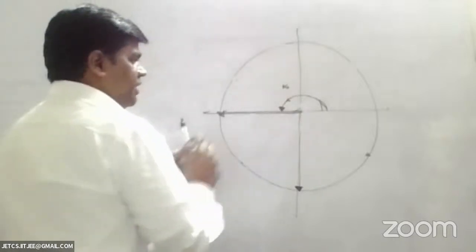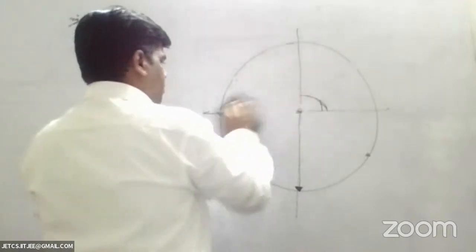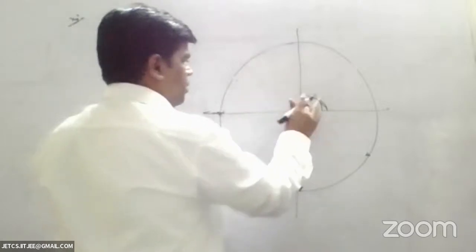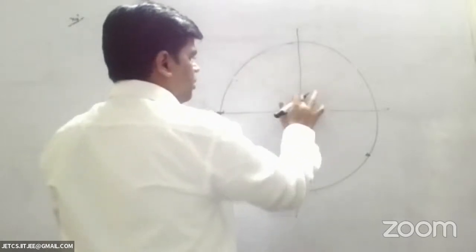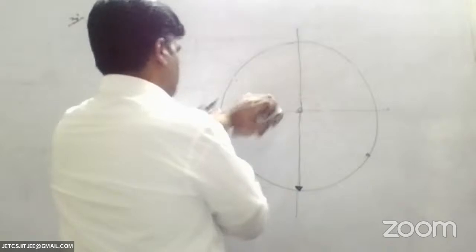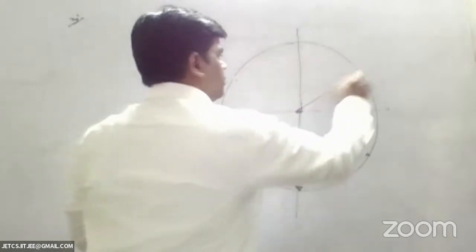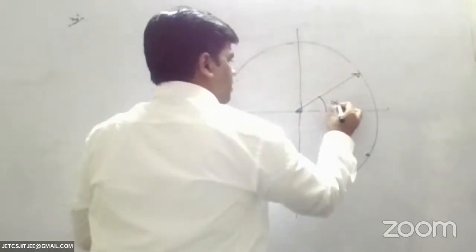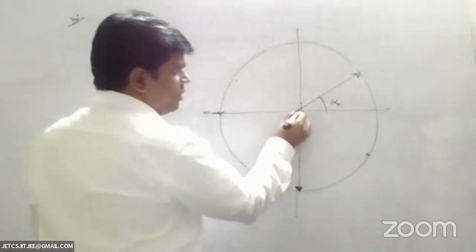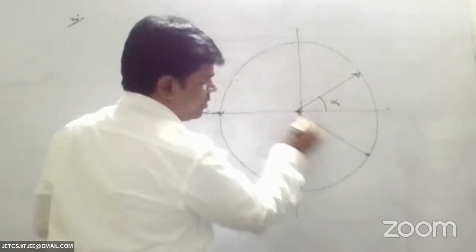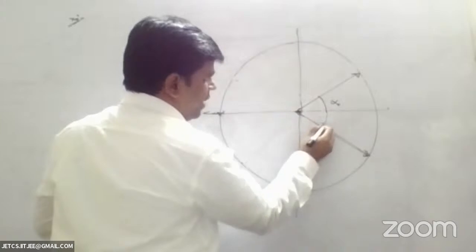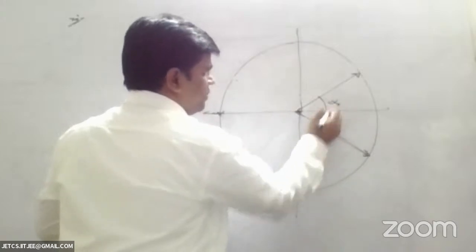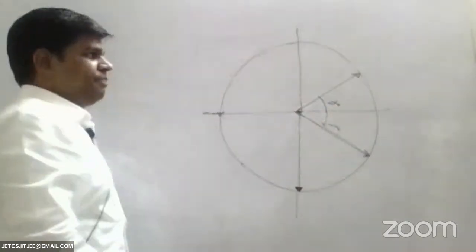All right. Now let us see. This is alpha. This is minus alpha. Makes sense, no? I told you yesterday, clockwise is positive, anti-clockwise is negative.